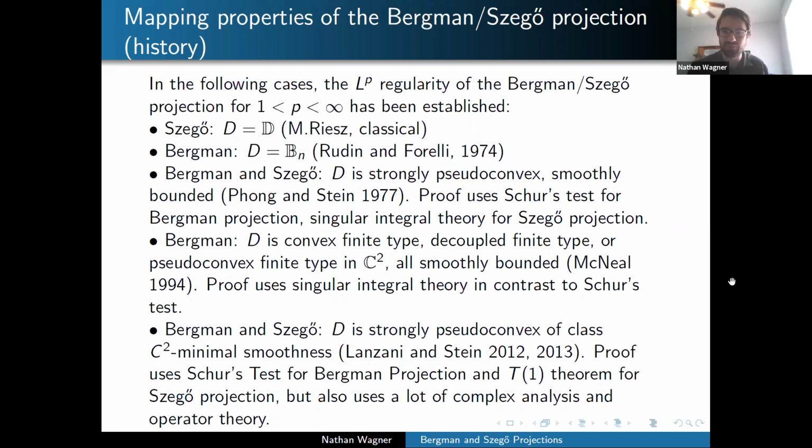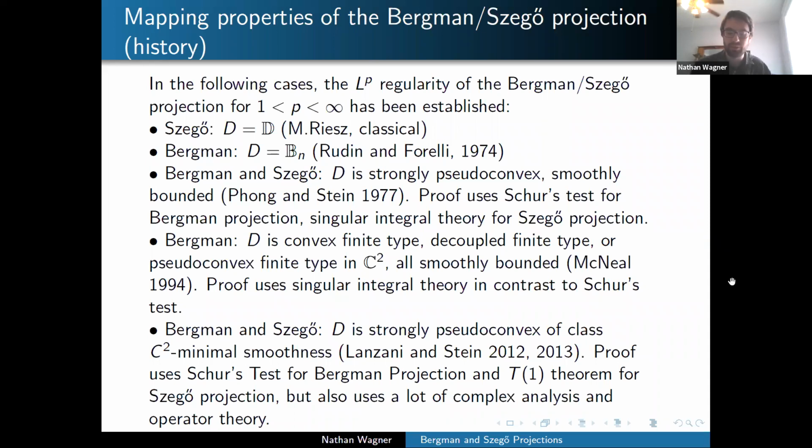So to even make sense of that, you need your domain to be C^2. And the proof, again, does use Schur's test for the Bergman projection, in a sense, and it uses what's called the T(1) theorem for the Szegő projection.